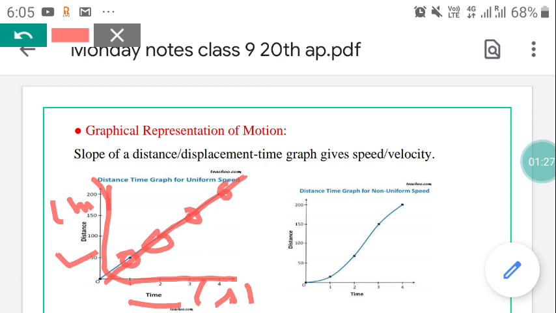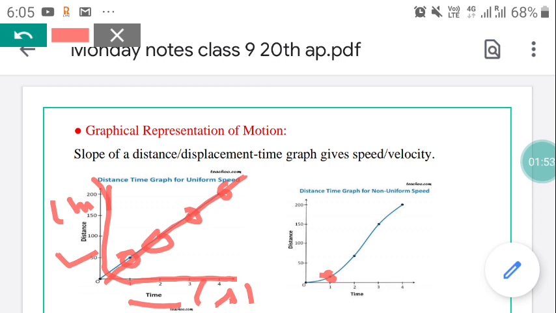Take any arbitrary values. Now, as you know, the graph for non-uniform motion is always curved. Similarly, if I ask you to draw a distance time graph for non-uniform speed, it will also be curved. So again, for 1 second, total distance covered will be 10 or 15.